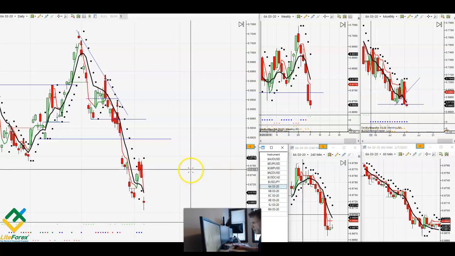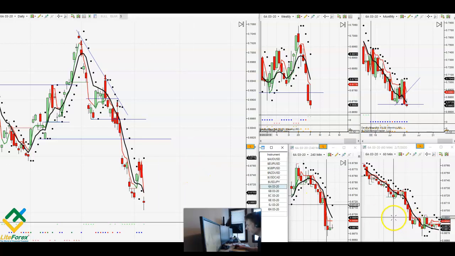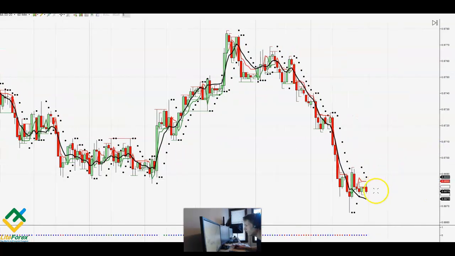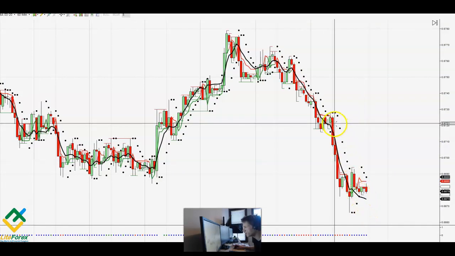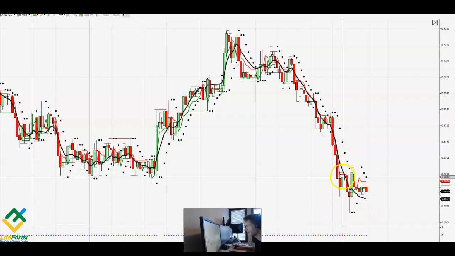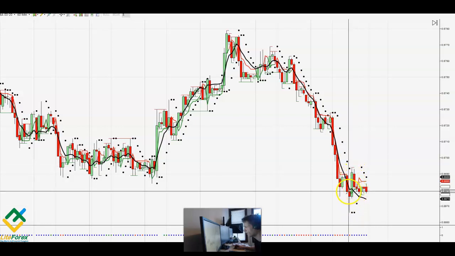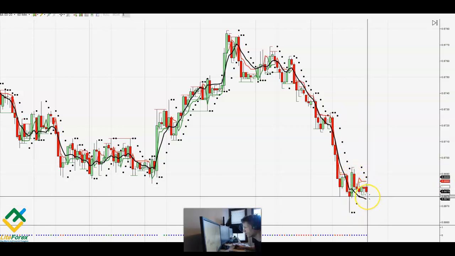Wait for it to become a little more clear. If we look at the 60, you can see we're going pretty sideways. We're going choppy here. You see this big drop, and now we're up, we're down, we're up, we're down, and we're just kind of rangy.